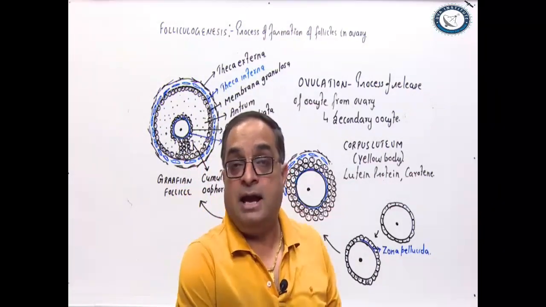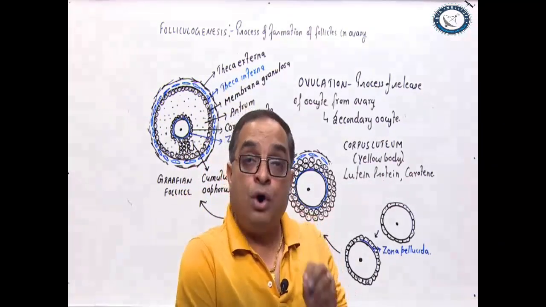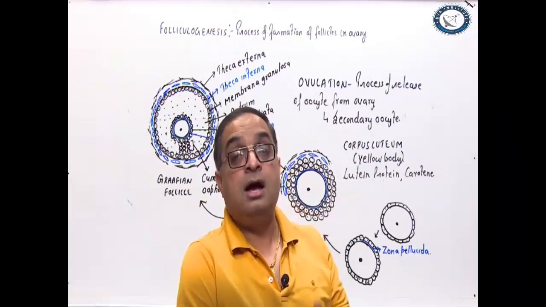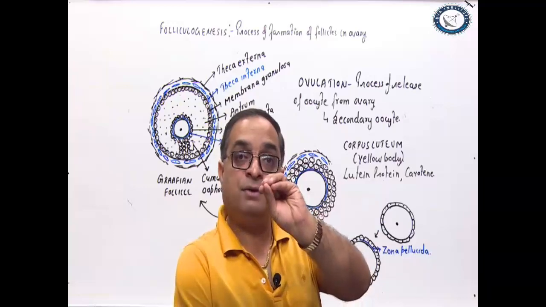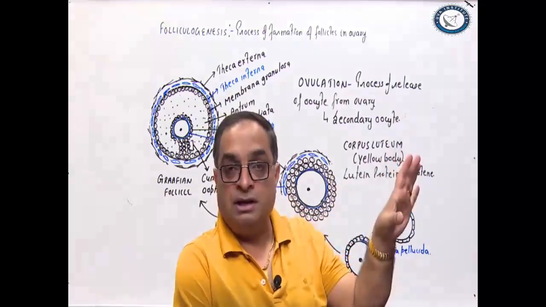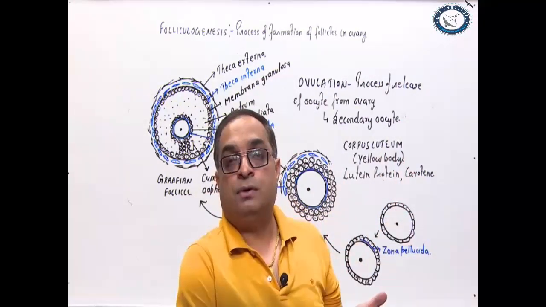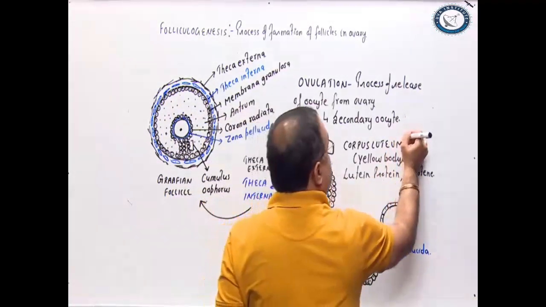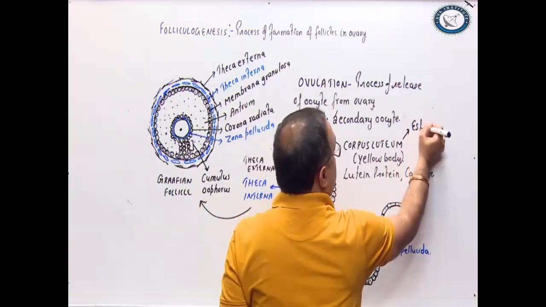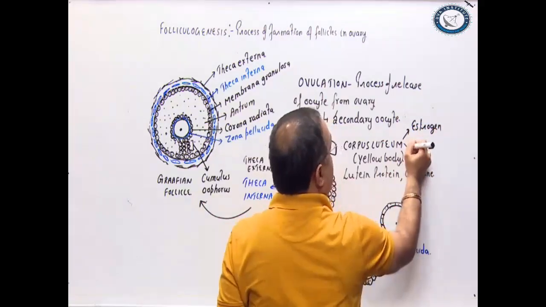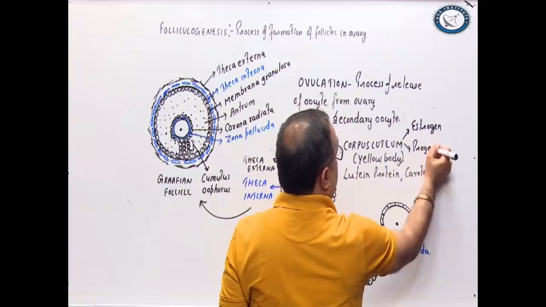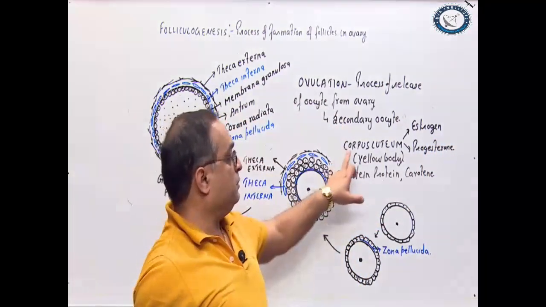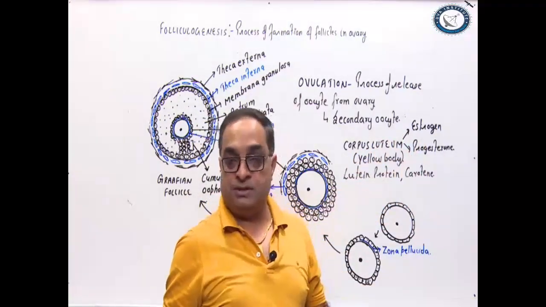A temporary endocrine gland which is formed from the remaining cells of Graafian follicle after ovulation. Once the Graafian follicle ruptures, secondary oocyte released, the remaining cells are going to form corpus luteum. This corpus luteum secretes small amount of estrogen and large amount of progesterone. Progesterone and estrogen are steroid hormones. So corpus luteum is source of estrogen as well as progesterone.